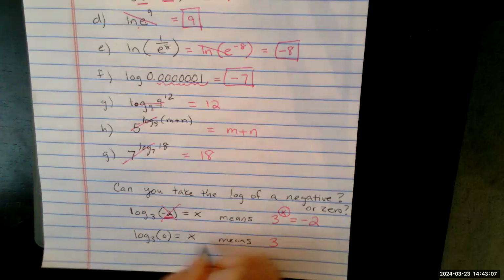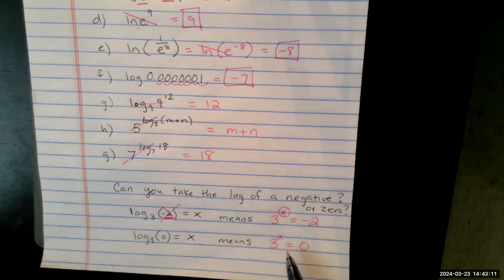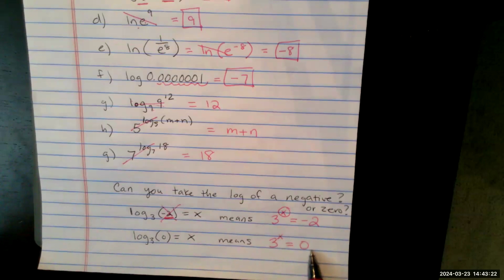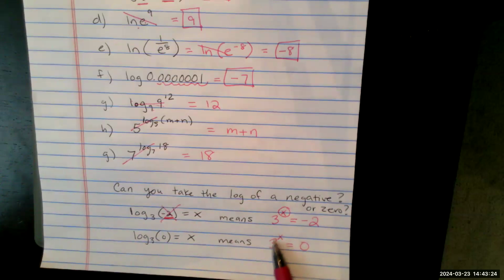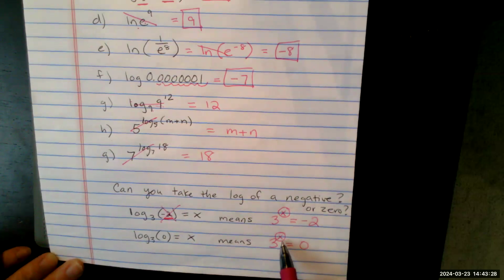Well, this would mean that 3 raised to the x equals 0. And again, that cannot happen. We know that 3 to the 0 is 1, but 3 to the 1 is not 0. If I put negatives in here, I get a fraction. So I can play around with this for a while, but there is no way I'm going to find an exponent here to get to 0.